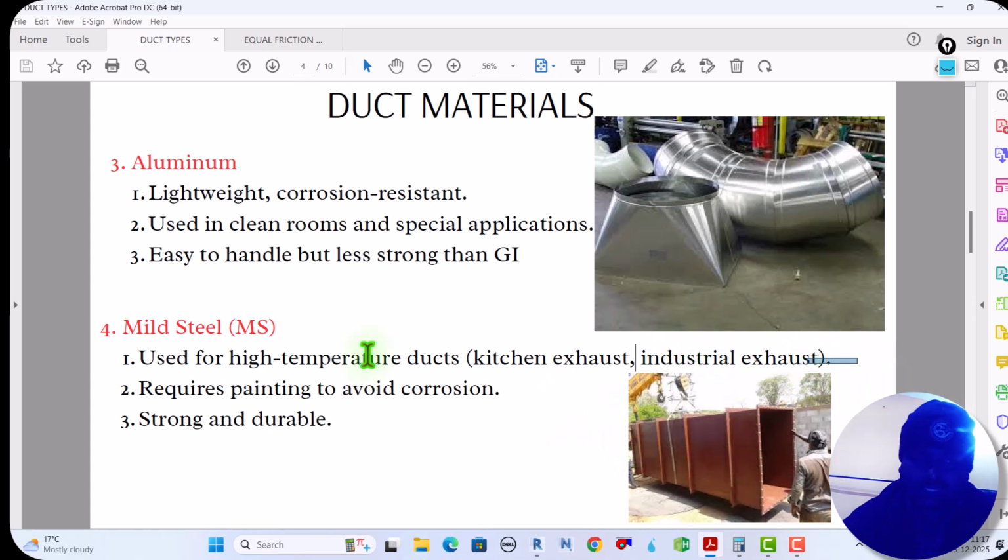It costs less compared to SS, stainless steel, and GI, and for corrosion resistance we have to paint it with red oxide. So mild steel is often used in industrial exhaust.